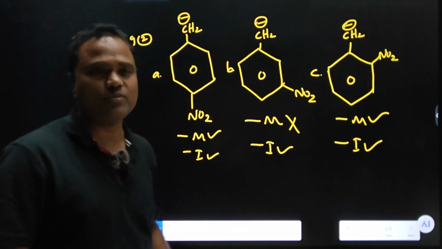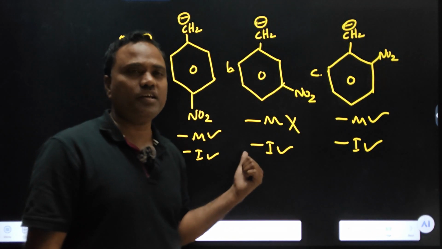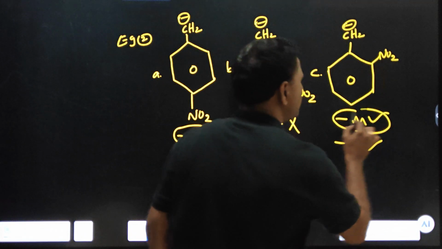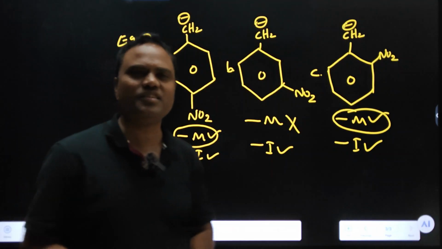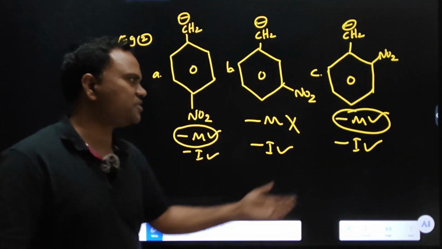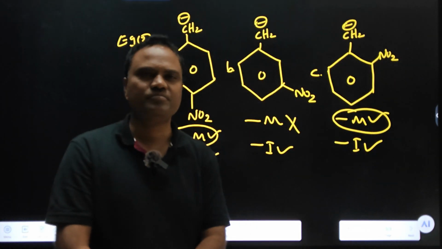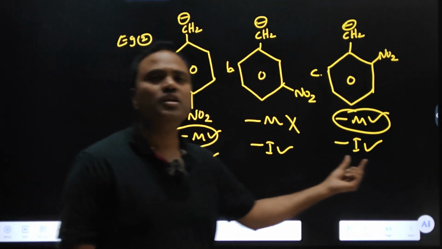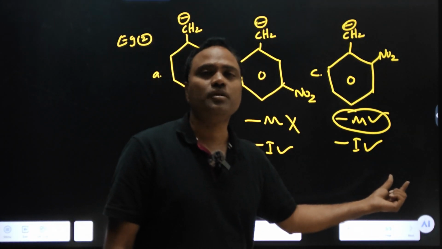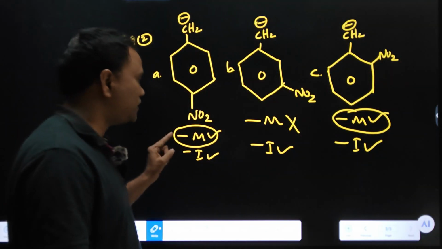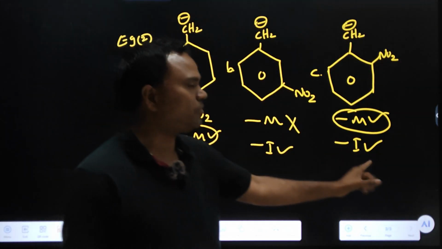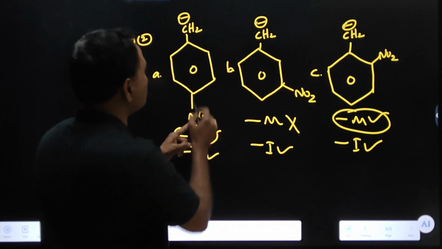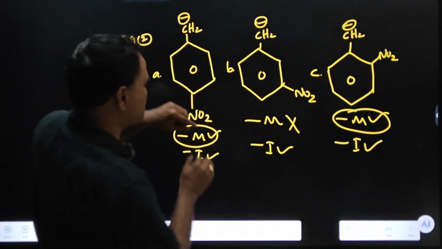In A and C, which is more stable? Observe, in A minus M is present, and here also minus M is present, so minus M is cancelled. Minus I is present here and here also. But what is the difference between the minus I here and here? Here the minus I is away from the carbanion.